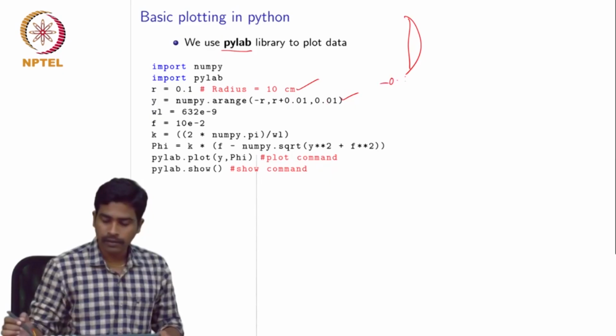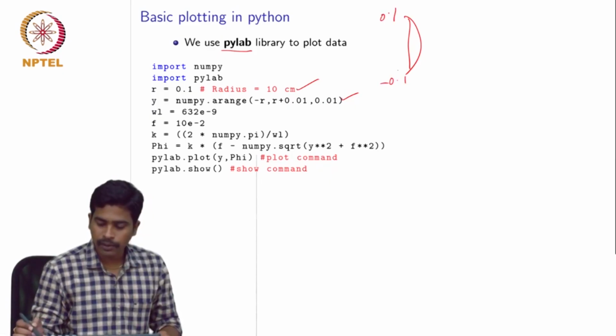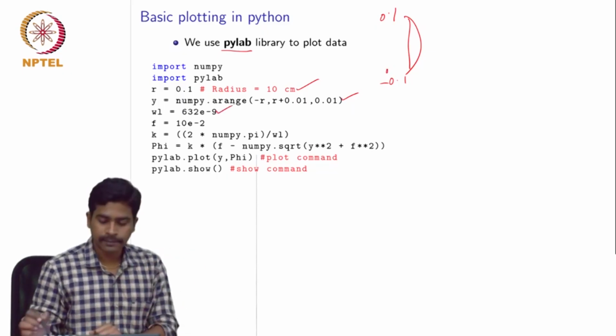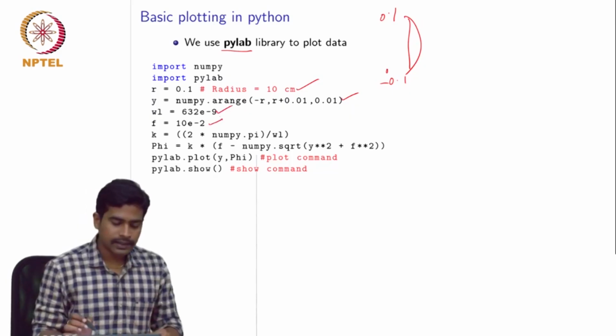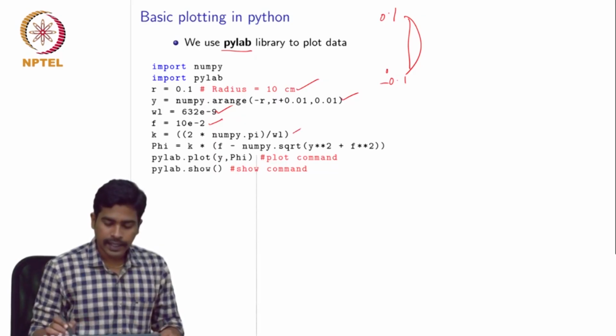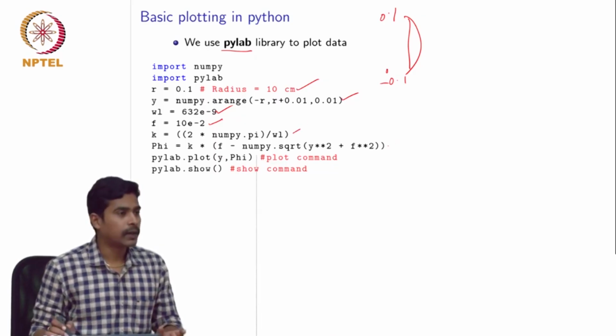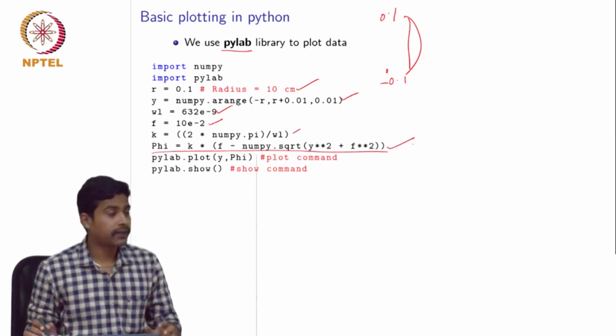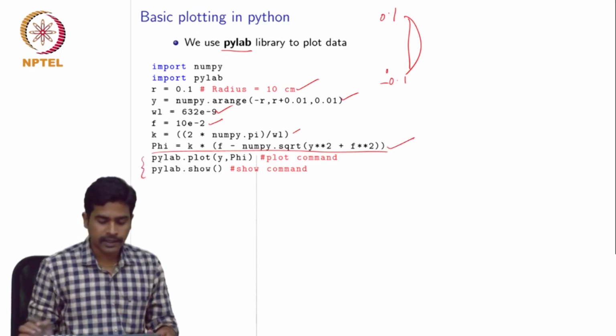Okay, so what I am doing here is from minus 0.1 to plus 0.1, I am sampling with a spacing of 0.001. Okay, and the wavelength is 633 nanometers, and the focal length is 1 micrometer around, and k again is the wave vector 2 pi by lambda. And using NumPy, we can write the phase equation in just one expression.